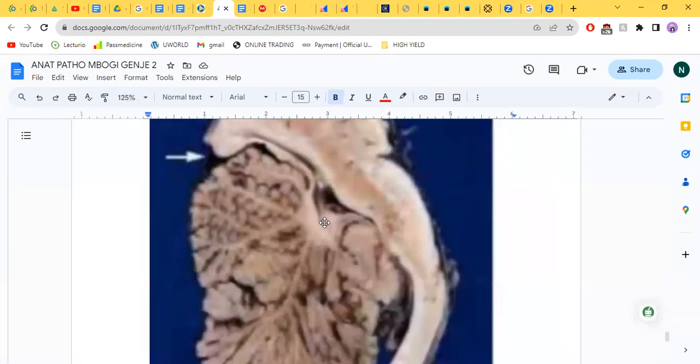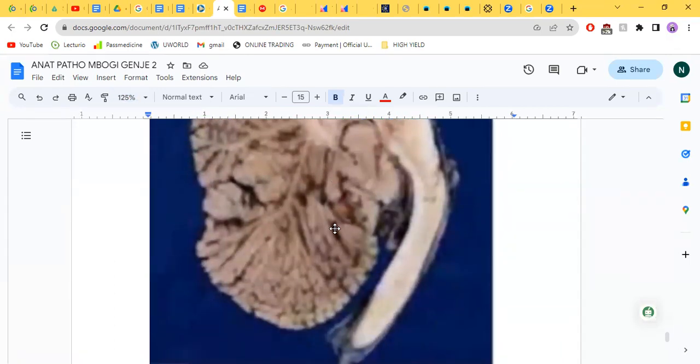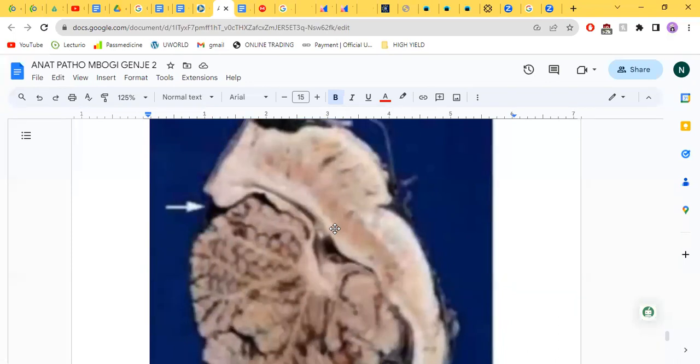So what's abnormal about this organ? Does this organ usually look like this? What could be going wrong with this organ? There's a breaking of the quadrigeminal plate.